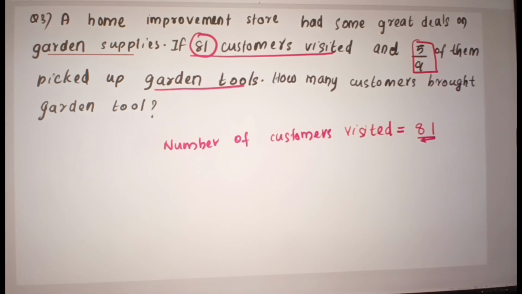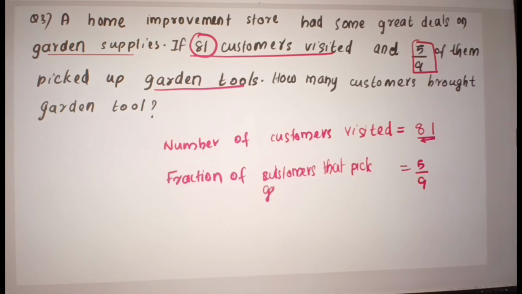So what does this 5 out of 9 show? It shows the fraction of customers that pick garden tools.